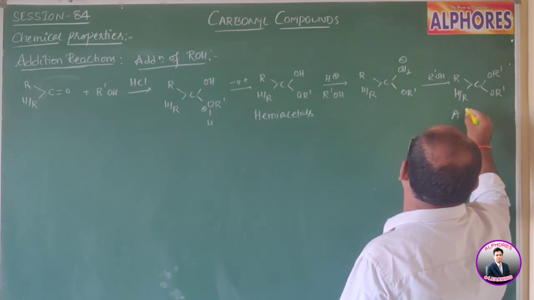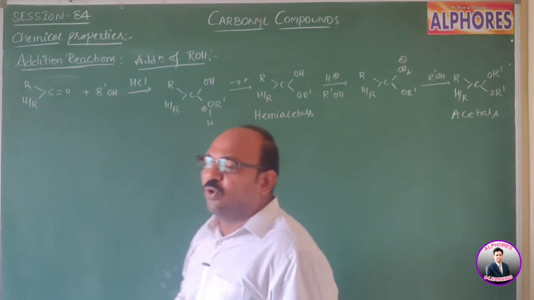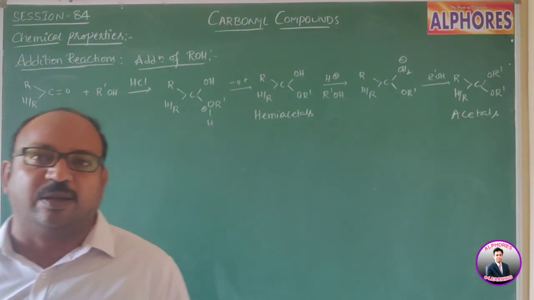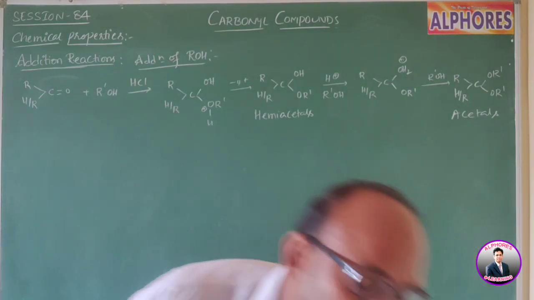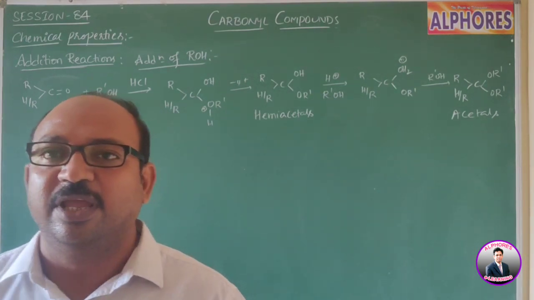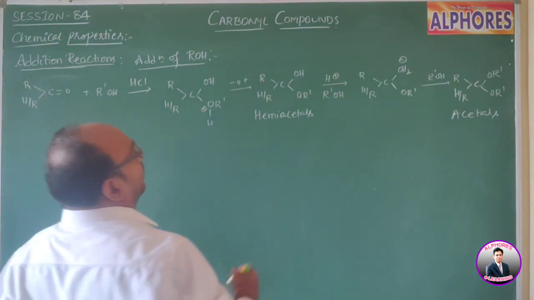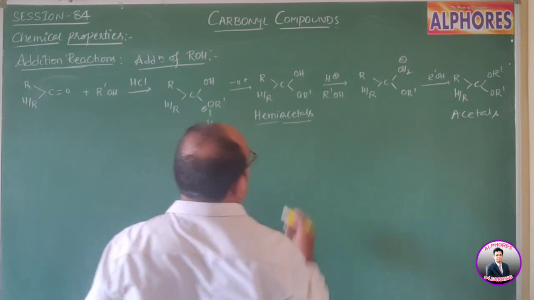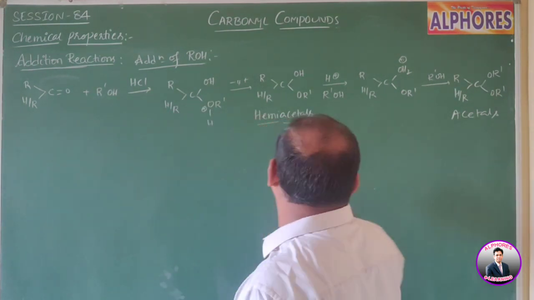These are what we call acetals. If two alkoxy groups are attached to the carbon, that is what we call an acetal. Instead, if one OH and one OR is there, that is a hemiacetal. Hemi means half acetal, and this one is the complete acetal.